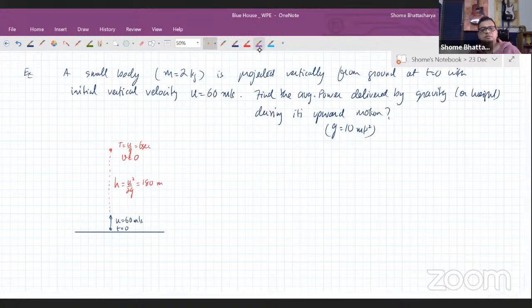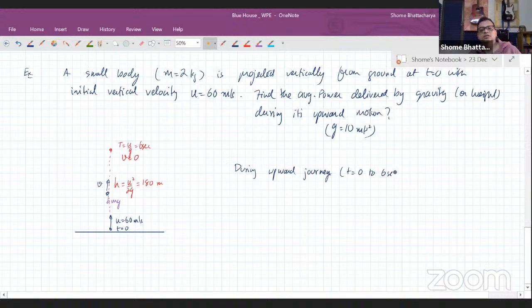During this time, as the object is going up, the gravitational force on it is acting vertically downwards. So during the upward journey, that is 0 to 6 seconds, you can see the work done by gravity will be minus mgh.